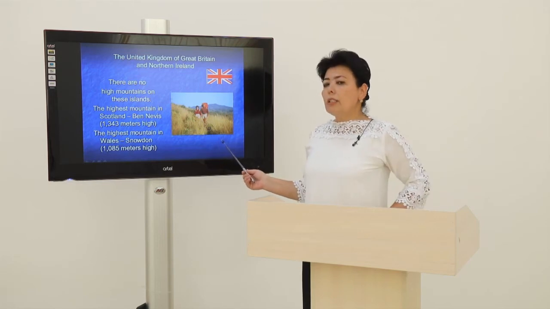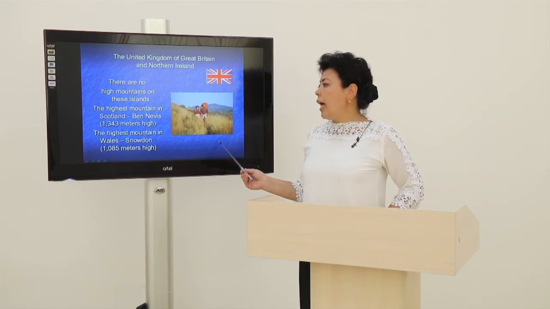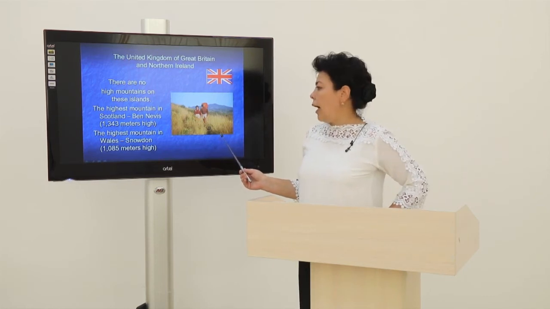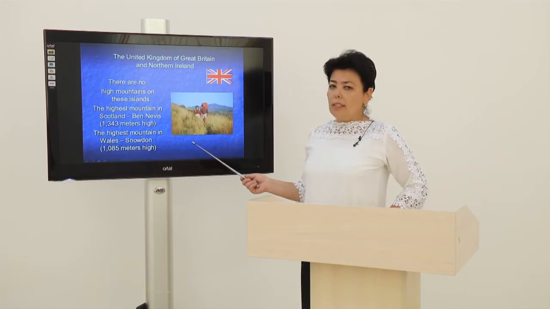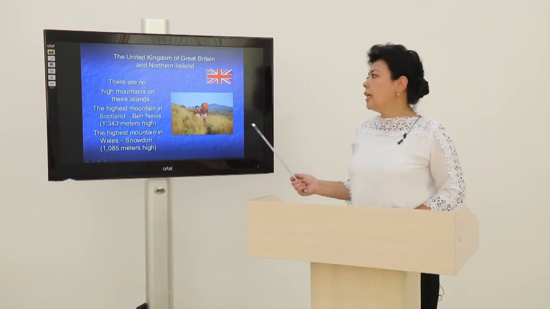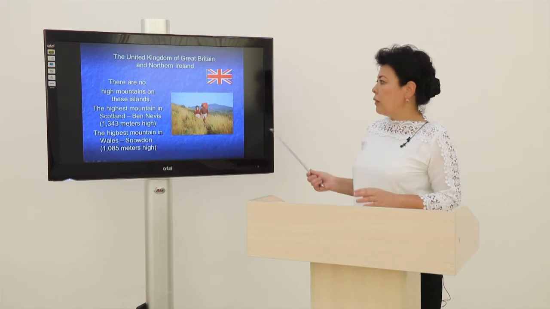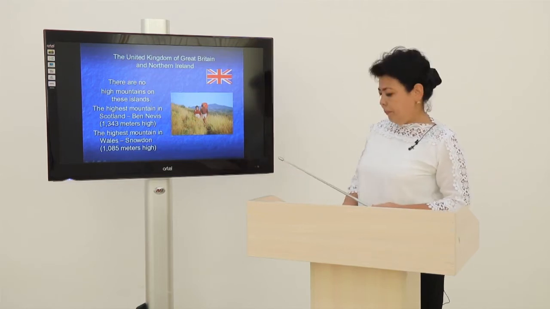The highest mountain is Ben Nevis, 1,343 meters high. Another mountain is Snowdon, 1,085 meters high. In one word, there are many mountains in this territory, but they are not very high. The highest mountain is Ben Nevis.